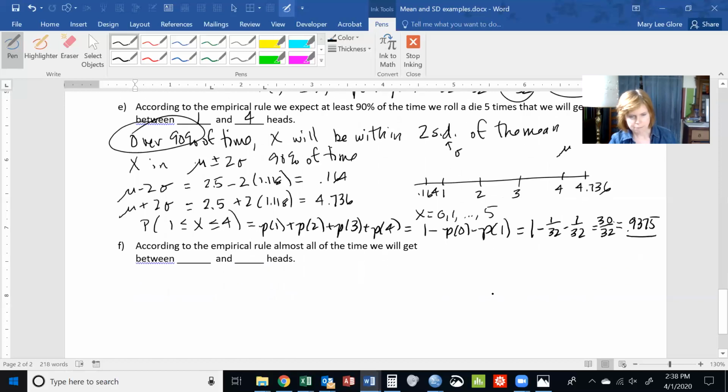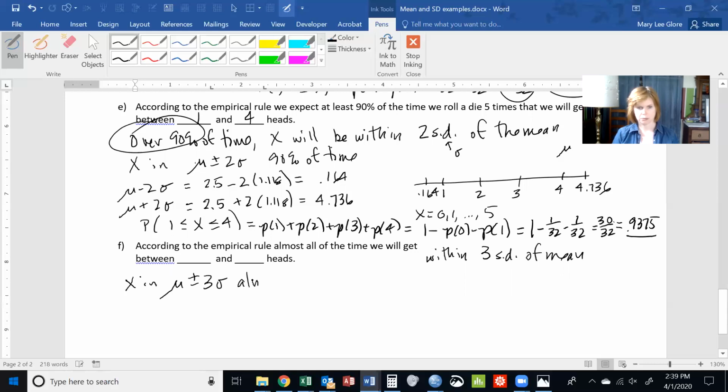Okay. Also, the second part of the empirical rule says that we expect almost all the time to be within 3 standard deviations of the mean. All right, so we think x is in mu plus or minus 3 sigma, because that's the mean plus or minus 3 standard deviations, almost all the time.